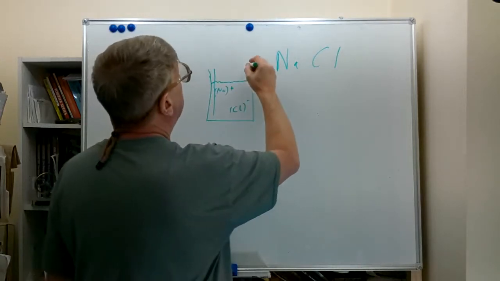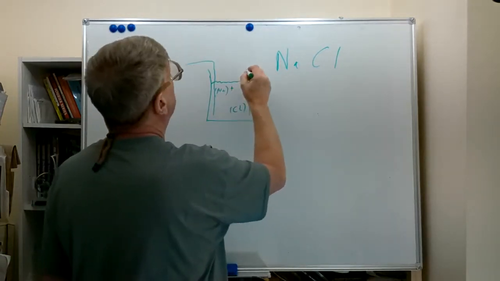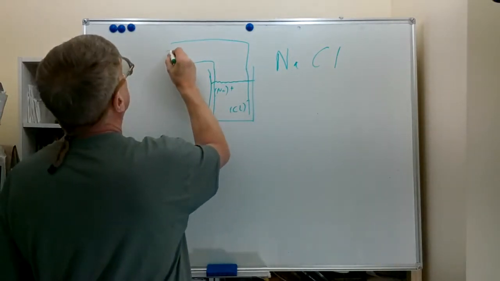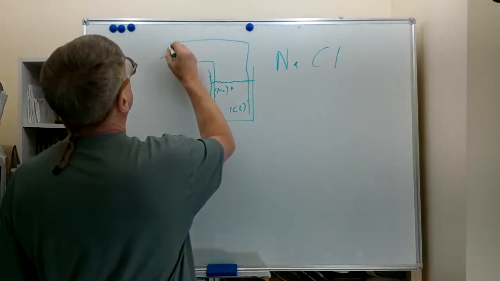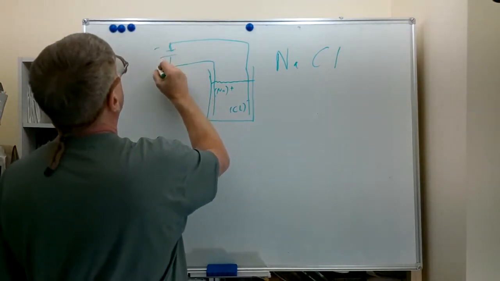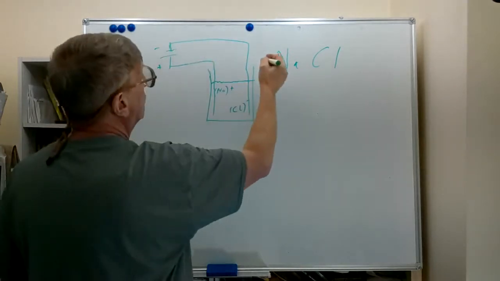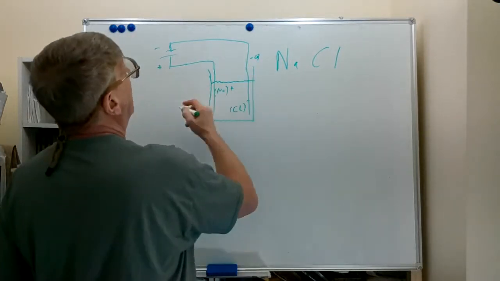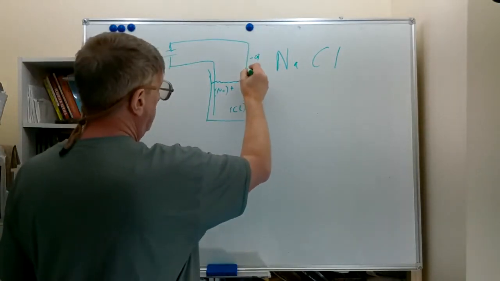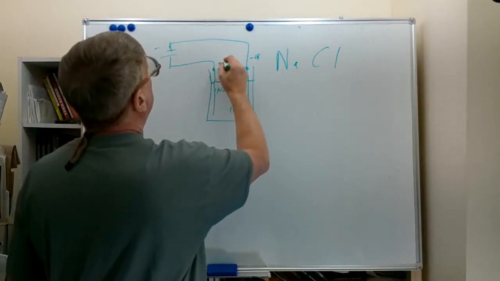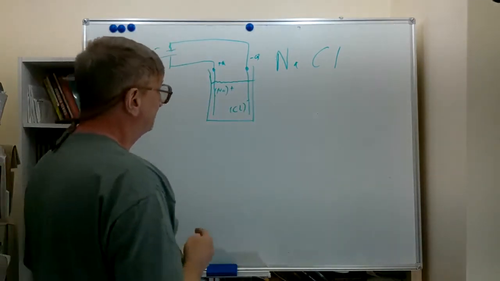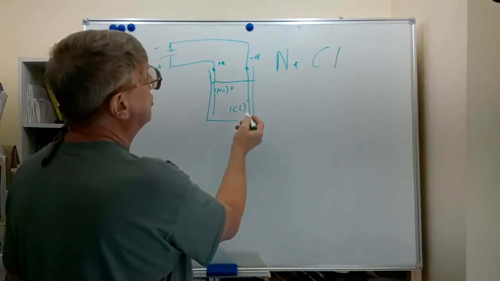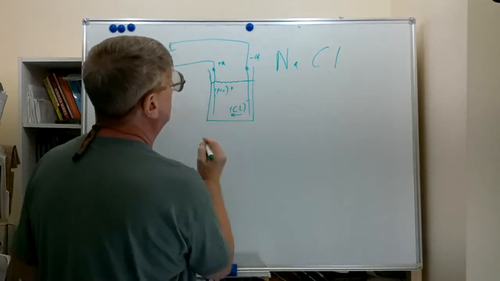If we put an electrode into the solution, and we connect that to a battery, we'll draw a battery here, negative, positive. Just like we did on the wire, we will have a negative Q on this electrode, and we'll have a plus Q on this electrode, which will cause these negative chlorine ions to flow this way.